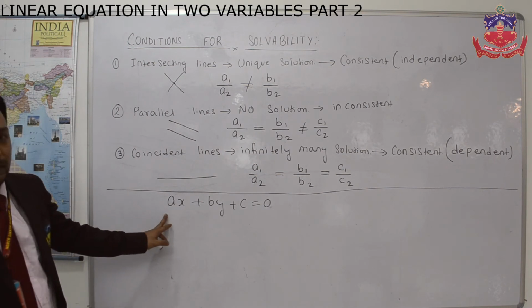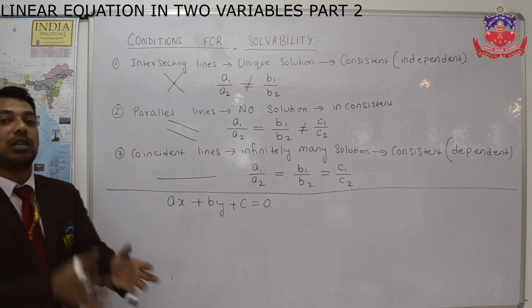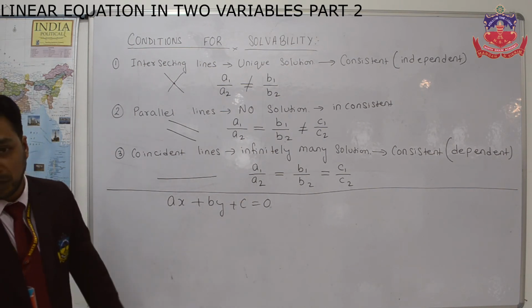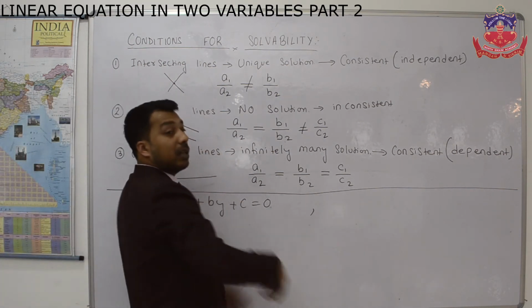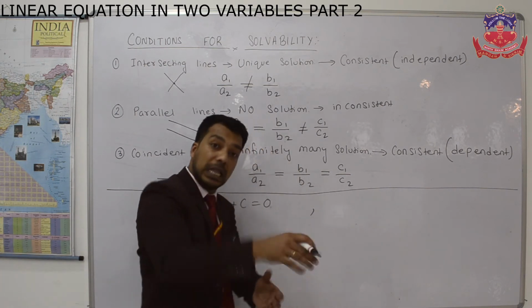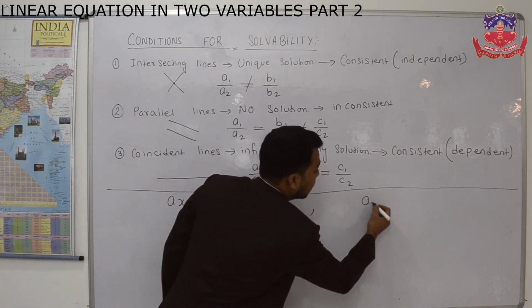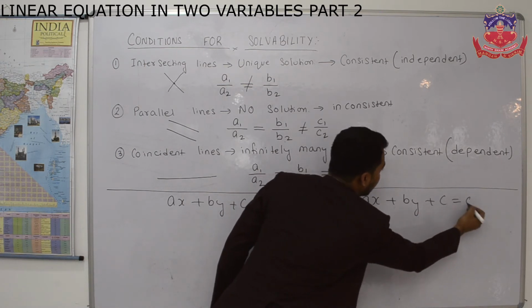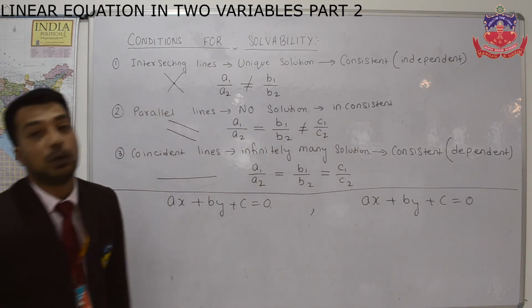Let's say this is the first equation in that format, ax plus by plus c equals 0. And since they give you another linear equation also, the second equation is in the same format, ax plus by plus c equals 0.